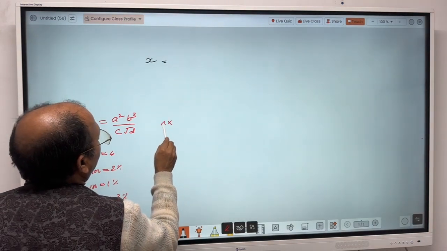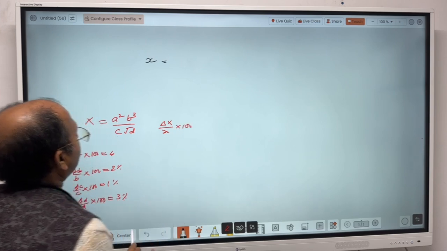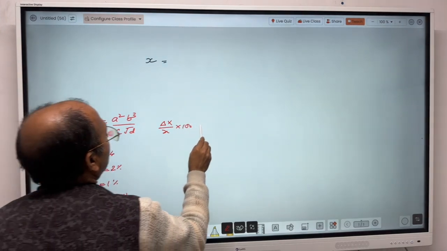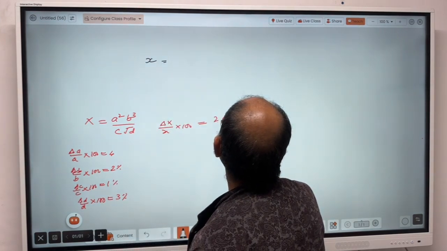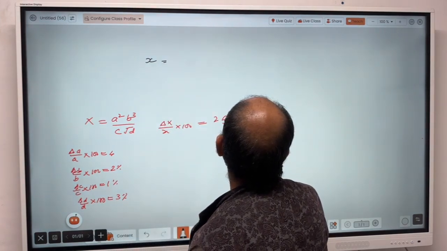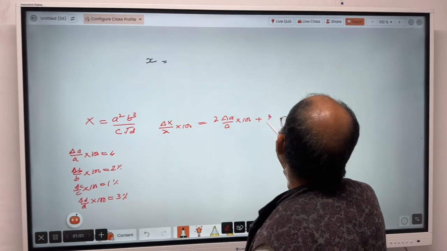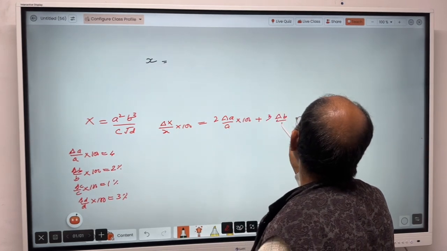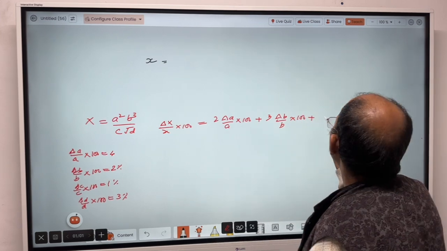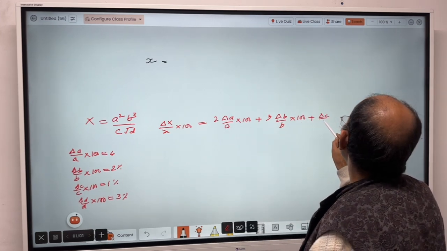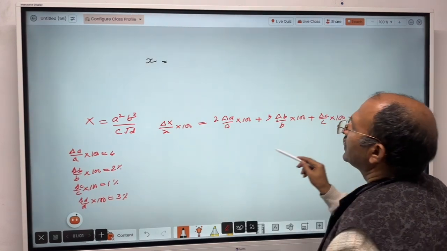So we can write total percentage error. Delta x upon x into 100 will represent percentage error. So we consider all the quantities like 2 delta A upon A into 100 plus 3 delta B upon B into 100 plus delta C upon C into 100 plus the last one.